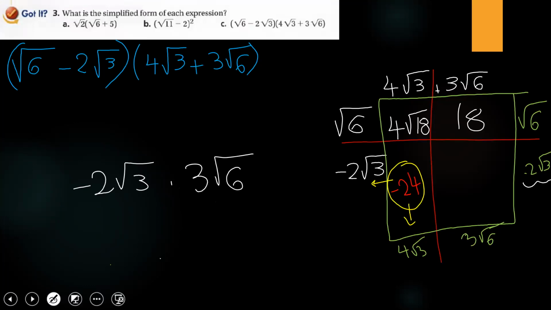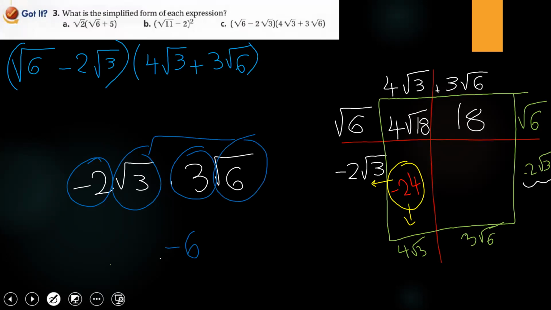Let's multiply the numbers first, then the radicals. Negative 2 times 3, negative 6. Times square root of 3 times square root of 6, square root of 18. So here I have to write negative 6 square root of 18.